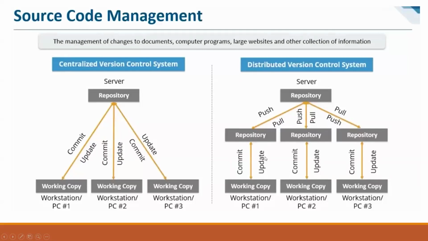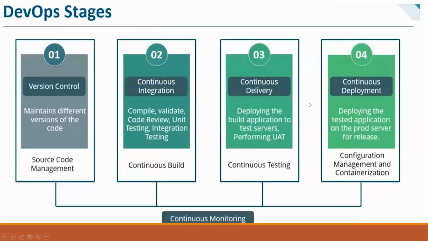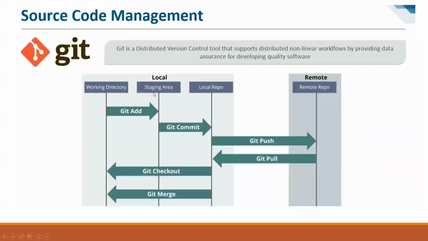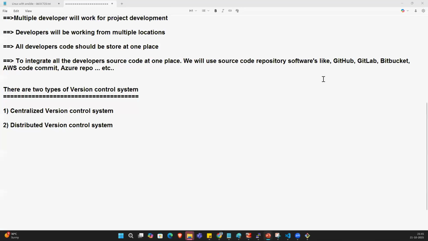If the local repository crashes, we have the data in the remote repository. Git is a distributed version control tool that supports distributed nonlinear workflows by providing data assurance for developing quality software.